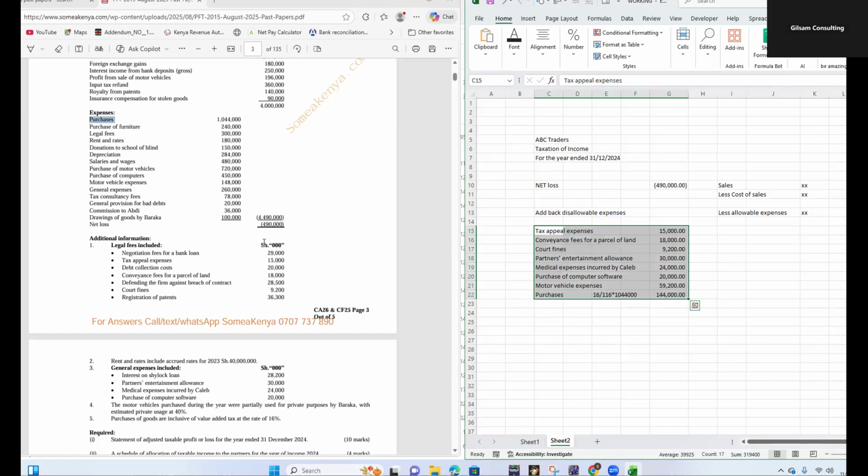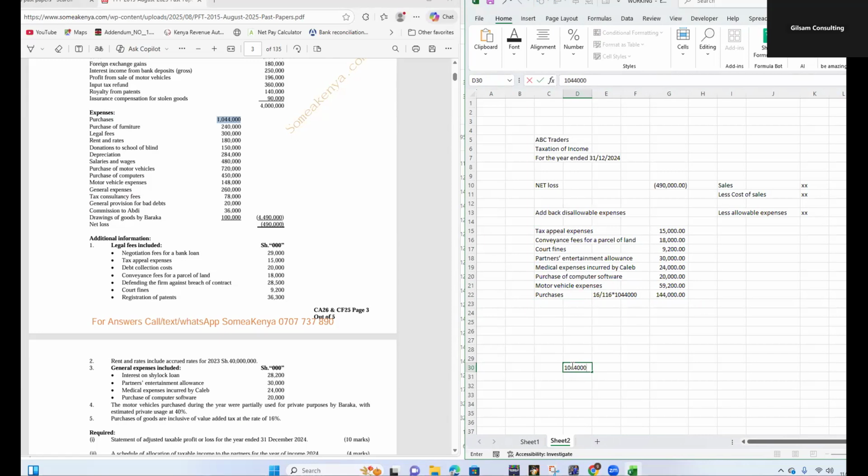Let's see other expenses which they have subtracted here. But where are you getting your 1,044,000? See, this is the total purchases. These total purchases, as an element, have already included VAT of 16%.